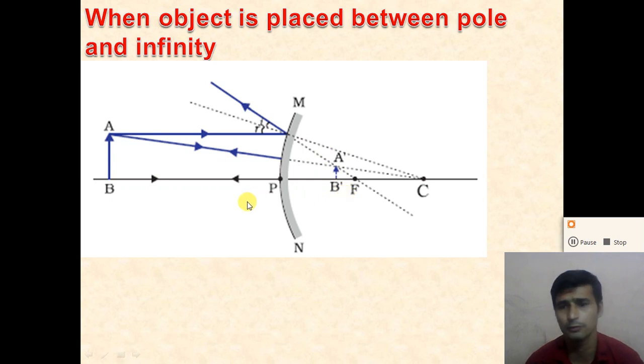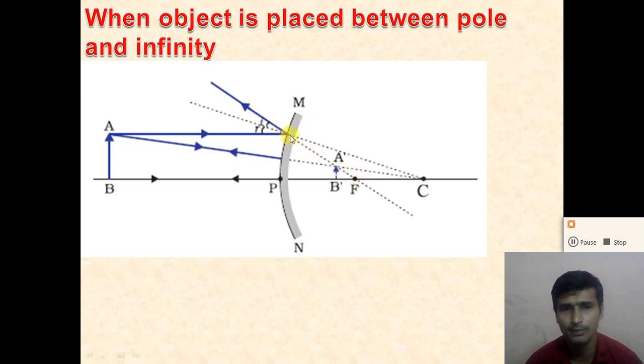Now to form the image, what do we require? We require a minimum of two rays. First ray, we consider a ray parallel to the principal axis, right? This ray, parallel to the principal axis, after reflecting, will appear to diverge from the principal focus.